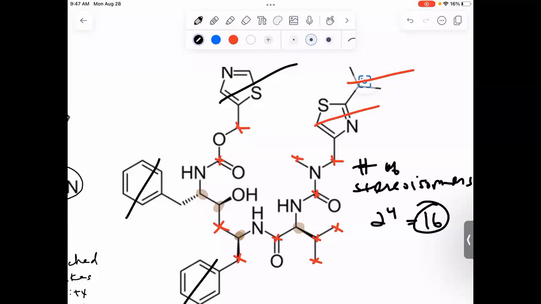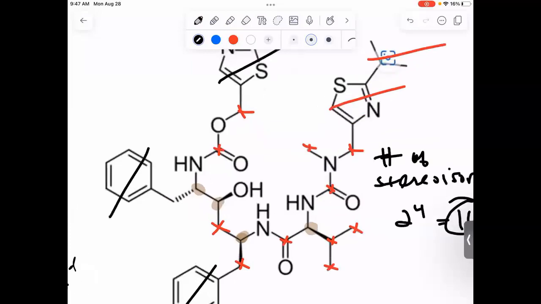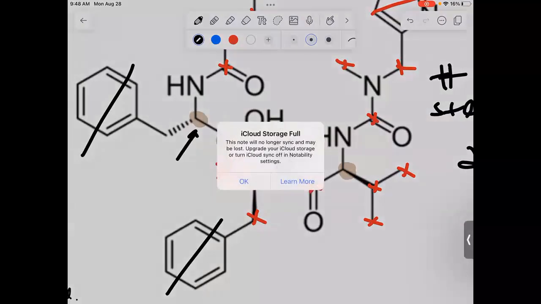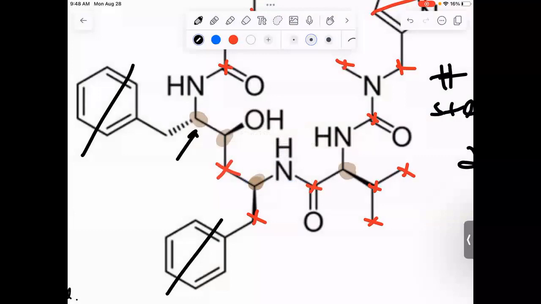All right. I'm going to stop in 3 minutes. Let's assign the configuration, let's start here. So obviously nitrogen here is 1. You agree with that? Because the groups are nitrogen, carbon, carbon, and then there's a hydrogen that's here on a wedge.